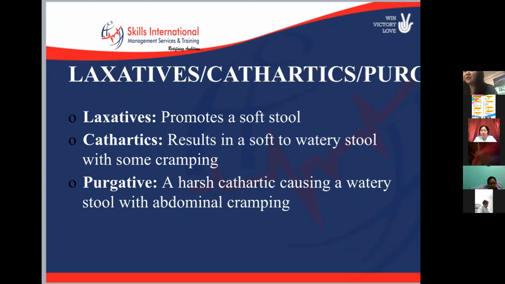Cathartics result in a soft to a watery stool with some cramping. So, mas mahirap yan. Purgative also is a harsh cathartic, causing watery stool with abdominal cramping. So, it's better to have the normal one. Kasi pag nag-abdominal cramp ka, it's also painful. So, it's better to do the natural way.